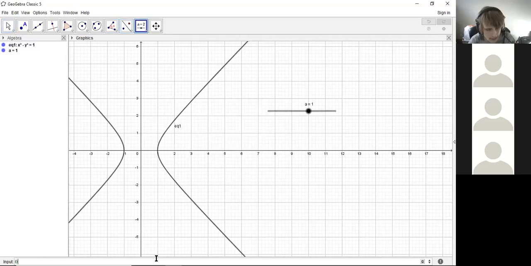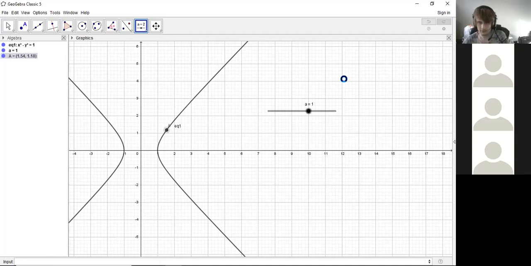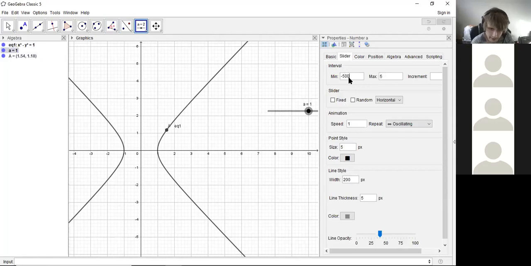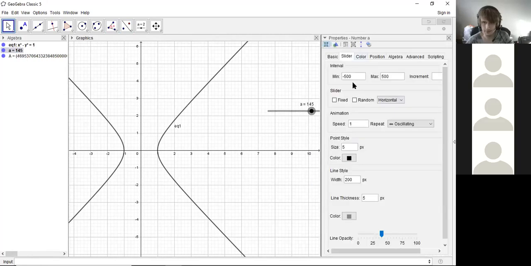And then we have cosh of a comma sinh of a. And let's make a go from like negative 500 to 500. And we'll leave the speed at 1. Maybe that's too big. Let's go back to 5 and negative 5.